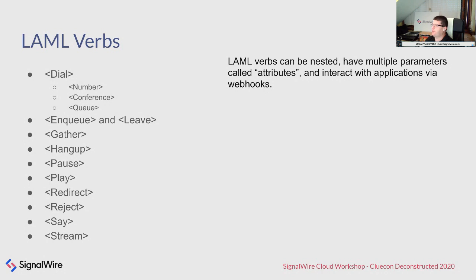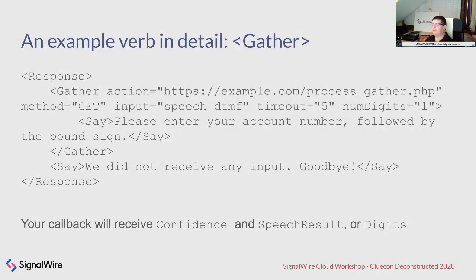Okay, so let's go into some anatomy here, which is an unfortunate need before we go more into detail. Gather. Gather has a few parameters. Action is where Gather will send its result after it's done. So if you were asking yourself how a complex webhook interaction happens, and we'll see that in the IVR later, you will have this document you're looking at as the first document in your application, for example.